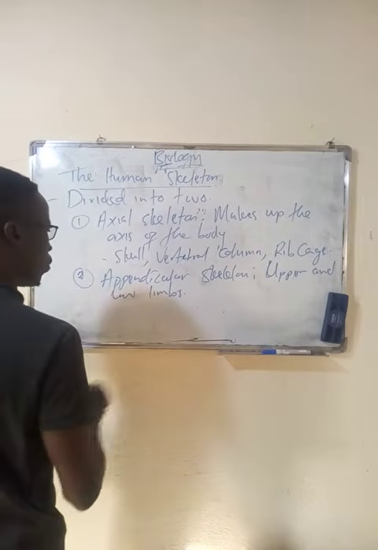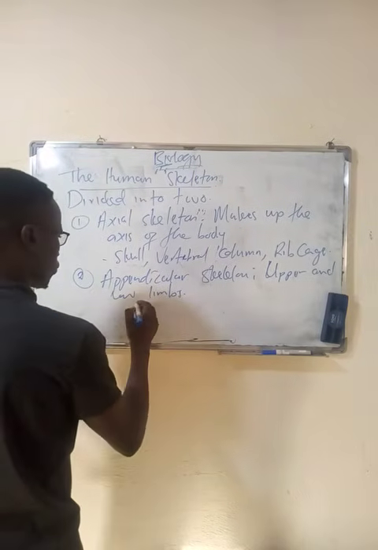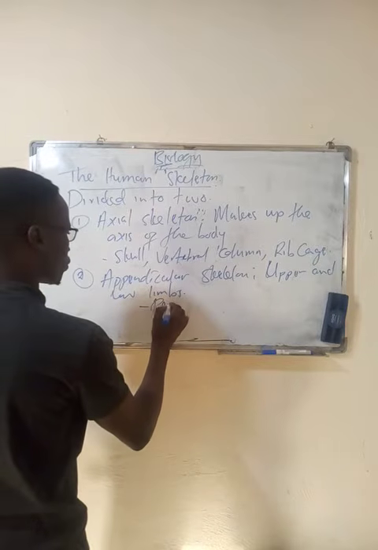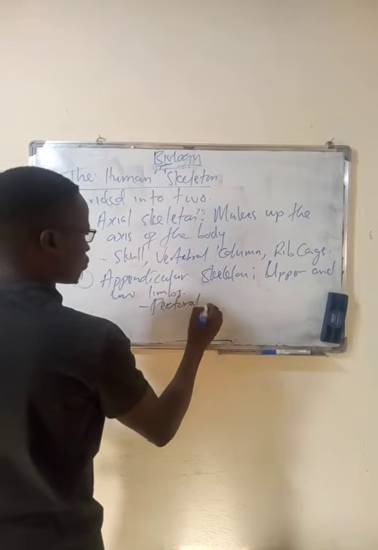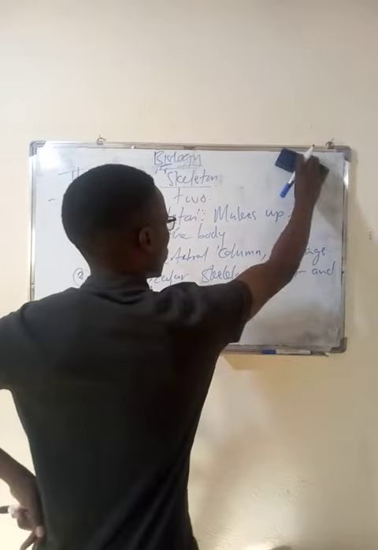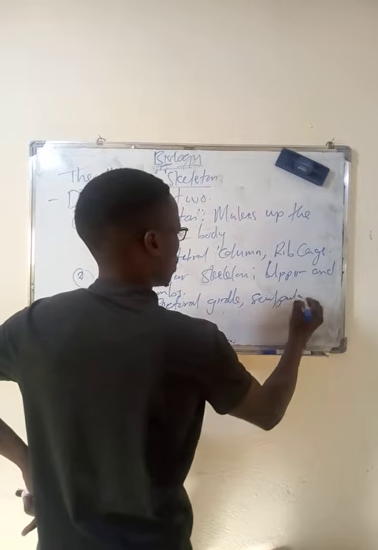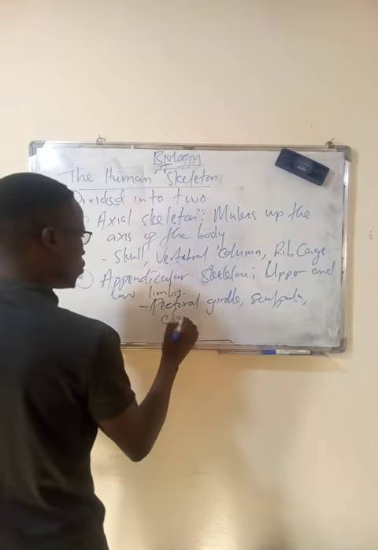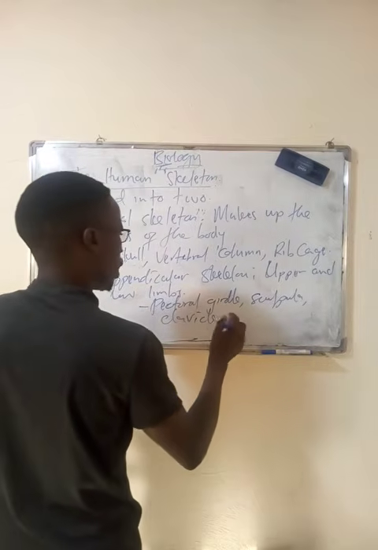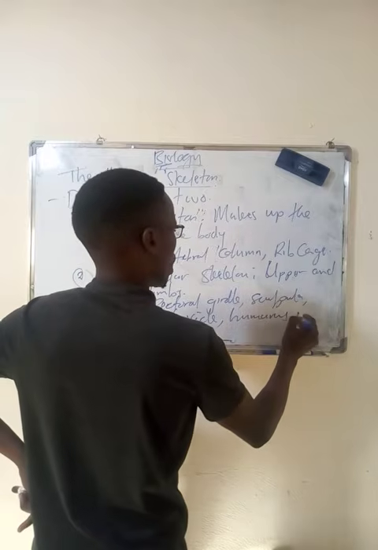For the upper part, we have the pectoral girdle, the scapula, the clavicle, and the humerus, and so on.